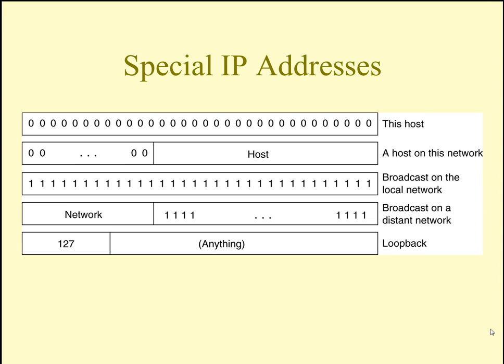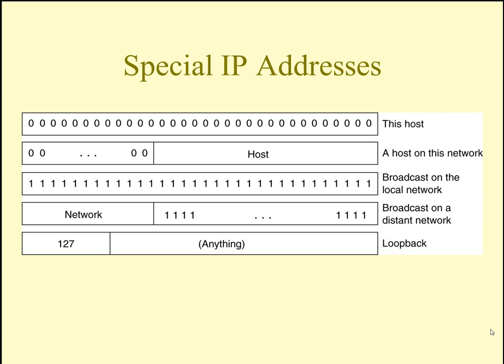If you have all ones specified, that's going to be broadcast on the local network. That means that you're going to send this packet to all of the computers that are on the network. If you have a network address specified in the network portion of the IP address and all ones specified for the host address, this is going to be a broadcast sent to all of the computers on a distant network.